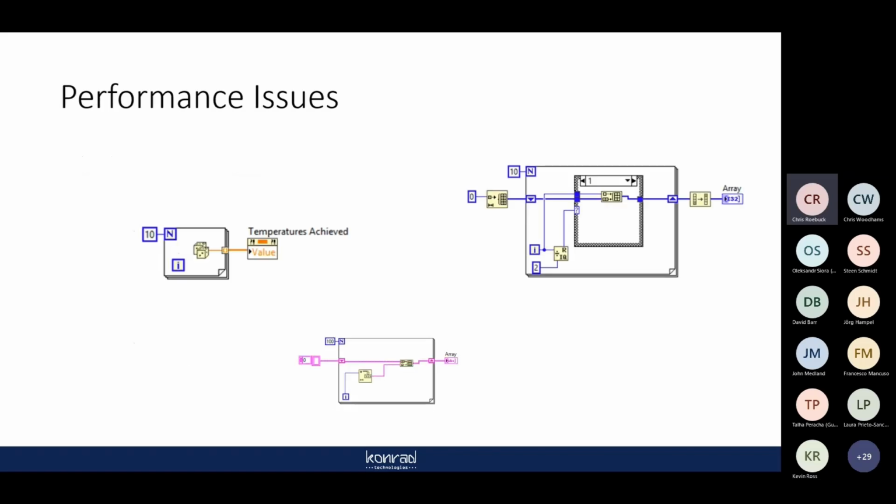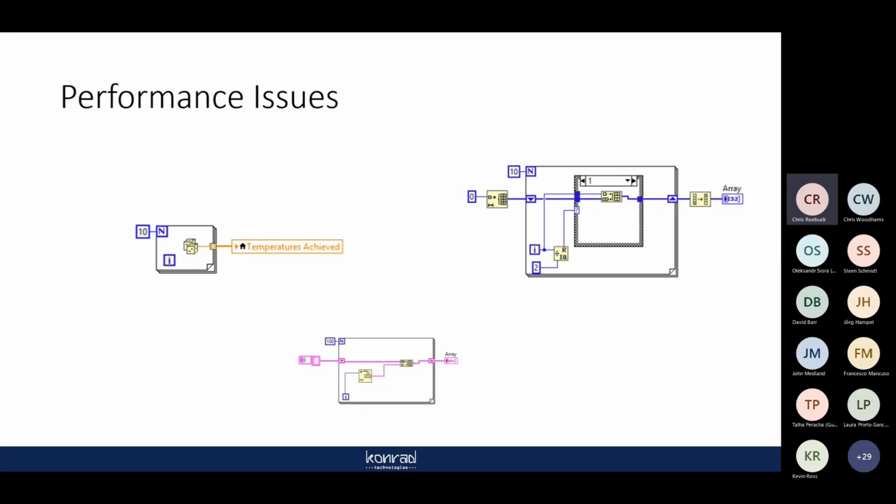So in terms of performance issues, I'll scoot through this really quickly. We're talking about identifying things such as using the value property of a control rather than writing to a local variable. There might be some performance implications of doing things like that. I know these are silly, noddy little examples, but I just want to make you aware. In terms of the bottom one, we're talking about things like building an array inside of a loop, starting with an initially empty array, and then effectively just concatenating elements.